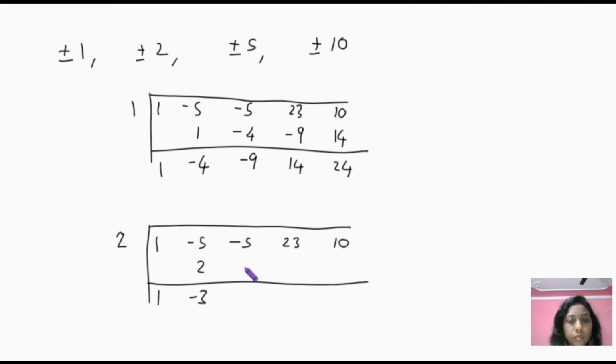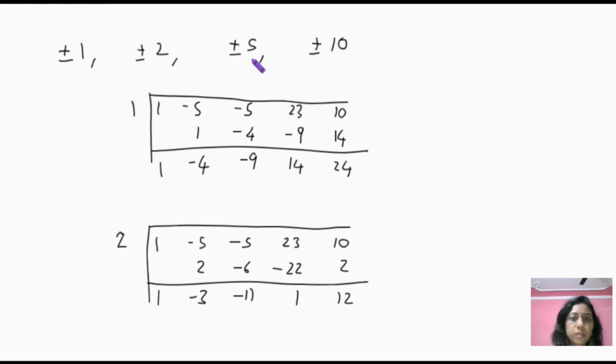Here multiply, so minus 6. This is minus 11. Minus 11 times 2, minus 22. And this is 1. 1 times 2, 2. And this is 12. Again, this is not 0. It means 2 is not a zero of the given polynomial.